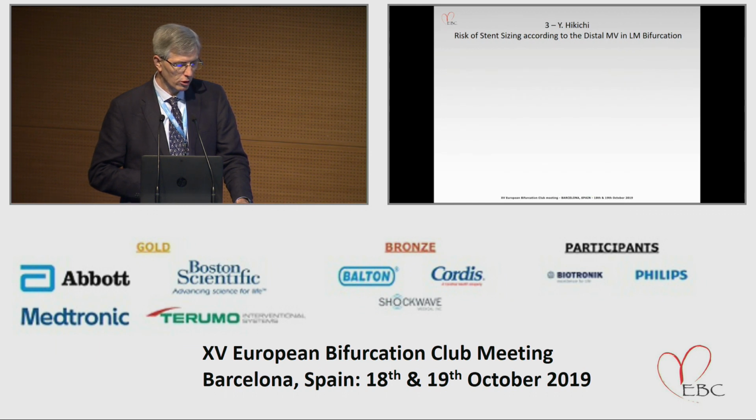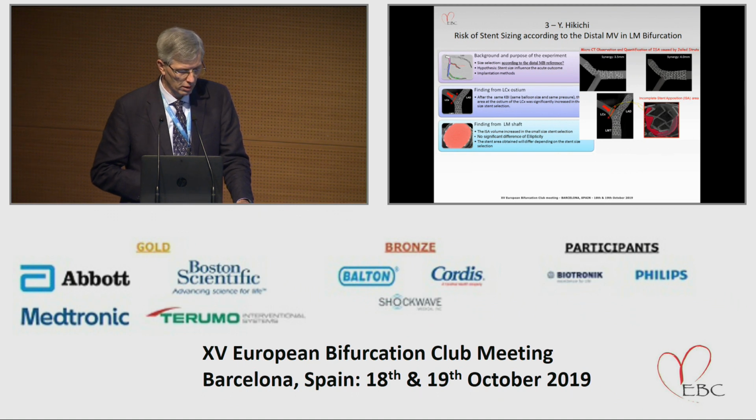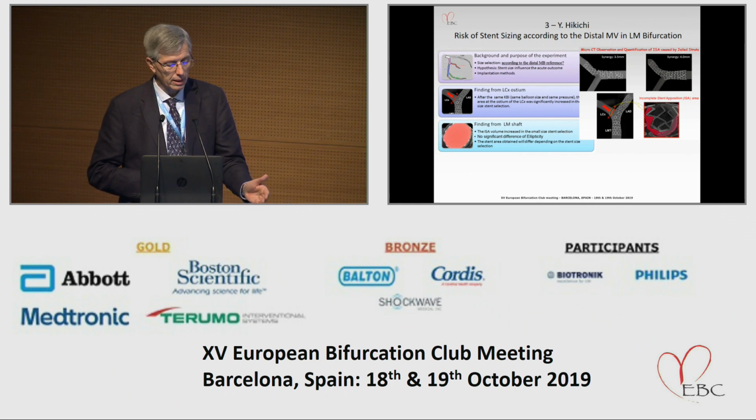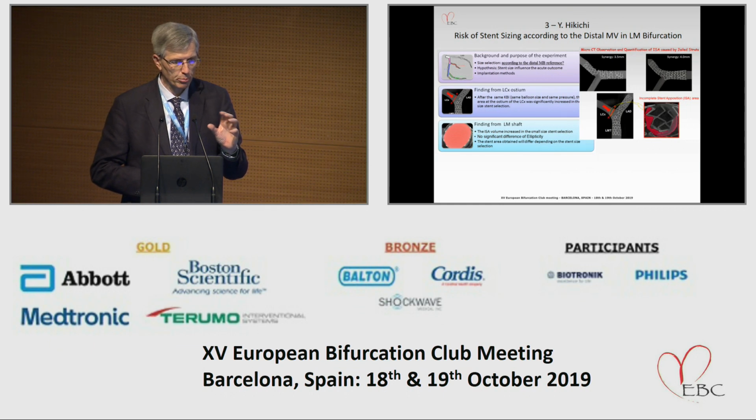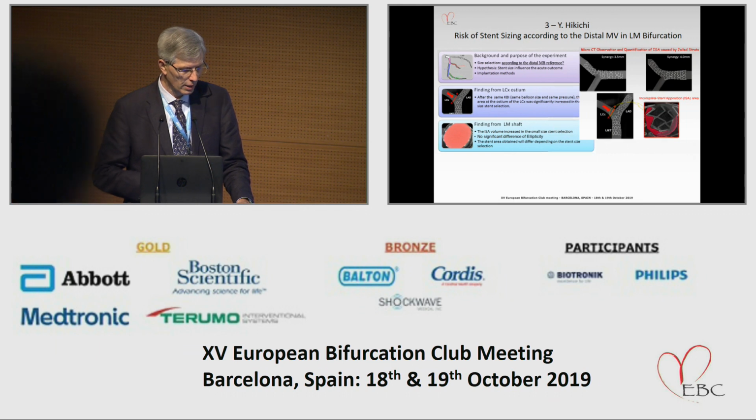The third presentation, by Dr. Ikichi, was again an in vitro study. He was looking at the effect of the stent position using a technique based on micro-CT. It was very interesting because it showed results in terms of incomplete apposition, looking from the side branch and from the main branch.